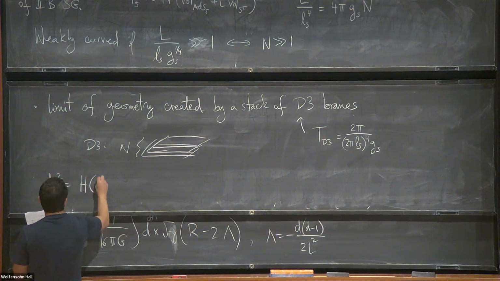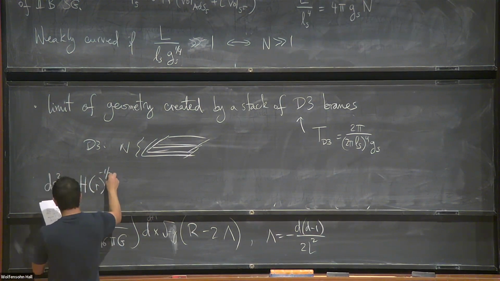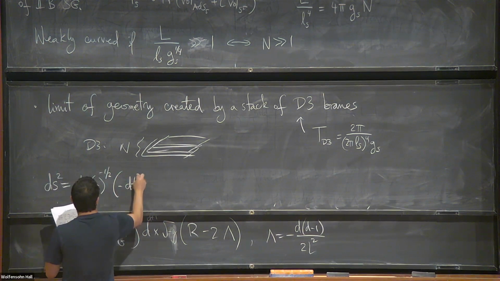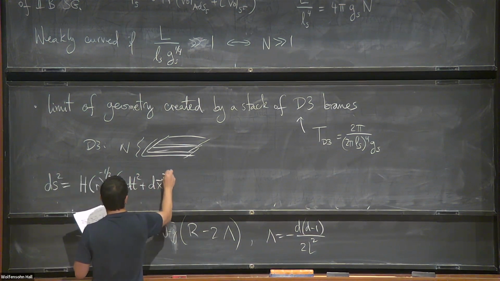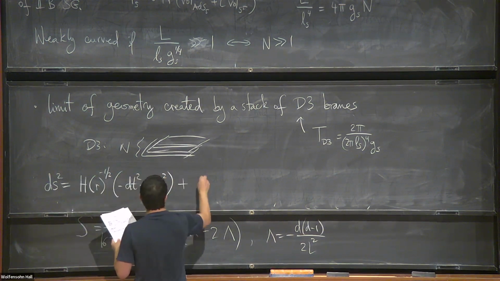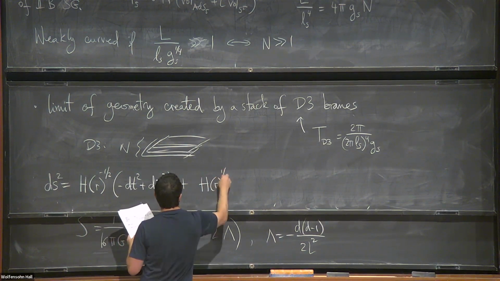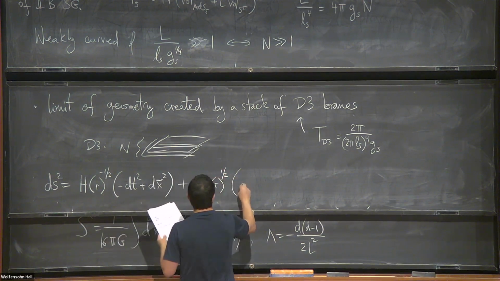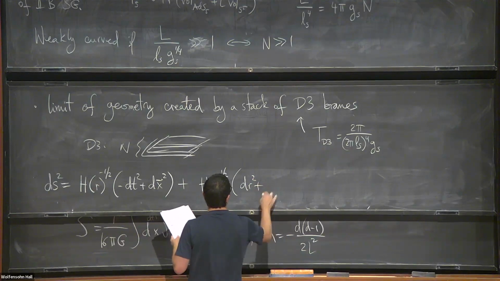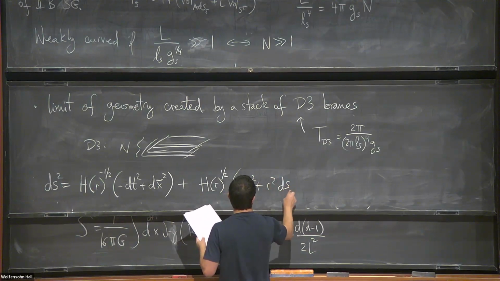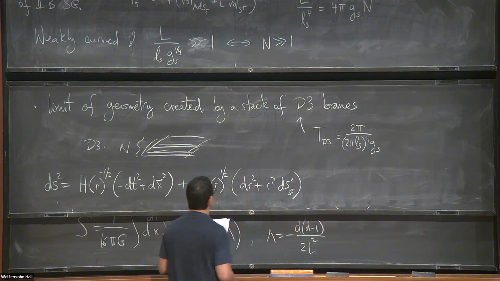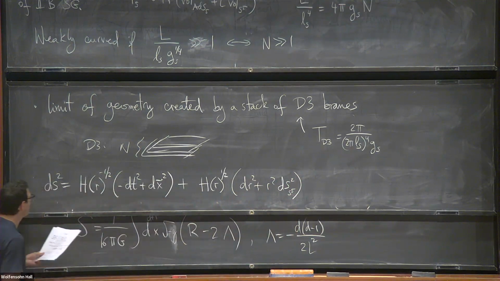H of r to the minus 1/2 times (minus dt squared plus dx squared), plus H of r to the power 1/2 times (dr squared plus r squared times the metric on S5). Sorry, x is just 1 to 3: x1, x2, x3.